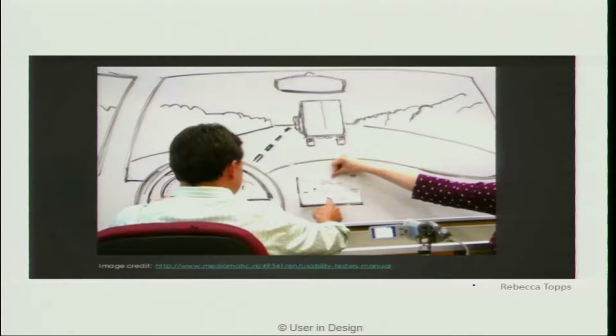Here's another example, and you can see that this is, of course, a make-believe situation where the dashboard of a car has been drawn on the board. What is being tested is the car entertainment system, the car radio, and basically the entire music system.